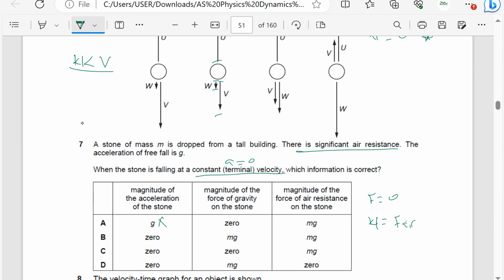So the weight must be equal to the force due to air resistance when the resultant force is 0. So D is out. The weight remains constant. So C is also out. The weight remains mg. So the acceleration goes to 0. The weight remains mg. And the force due to air resistance will be equal to the weight. So the answer is going to be B.